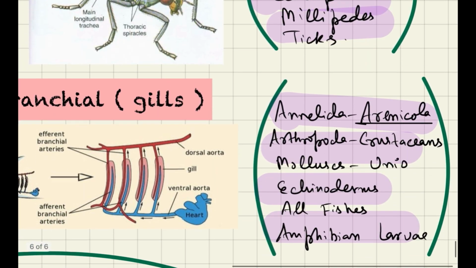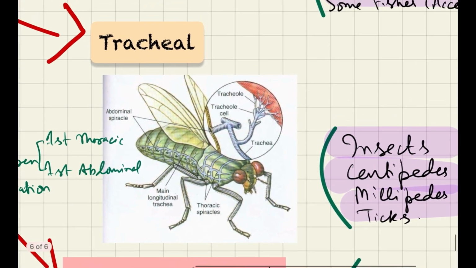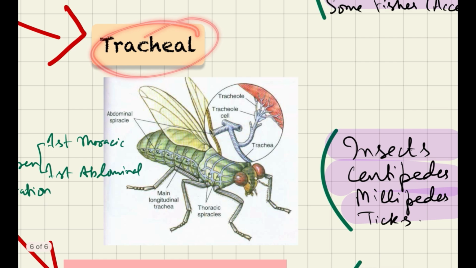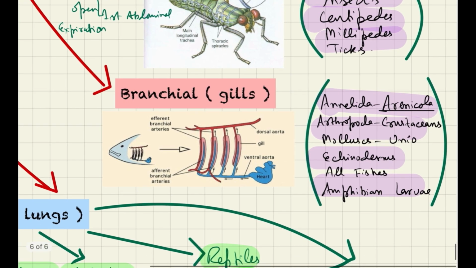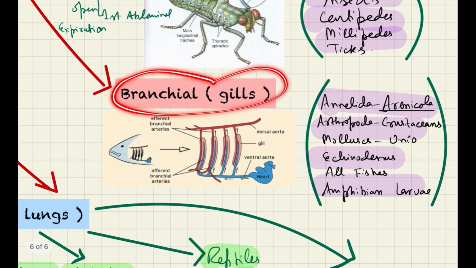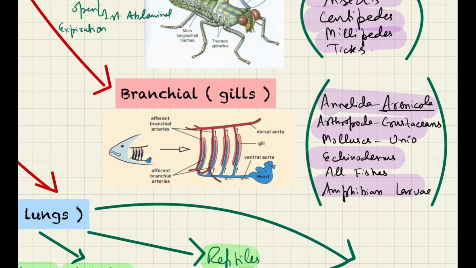Now let's move ahead. This tracheal respiration is seen in insects mostly, then in centipedes also, millipedes and ticks. These are also the examples which can be asked. Then let's come to this branchial respiration, which means it occurs through the gills.